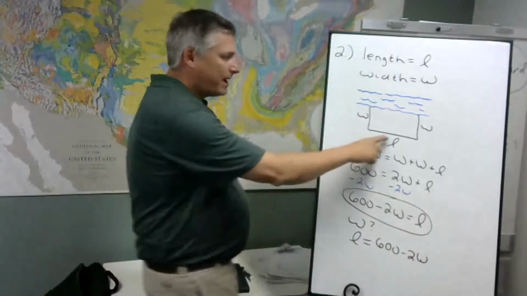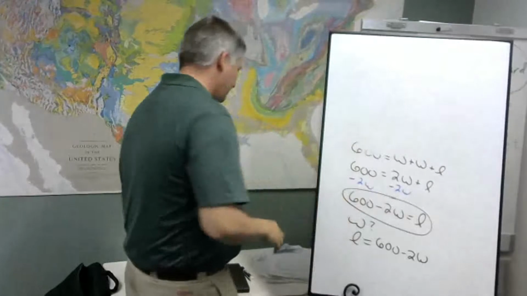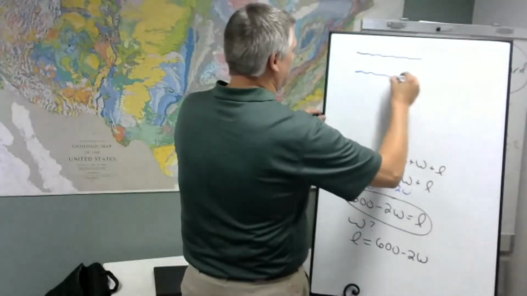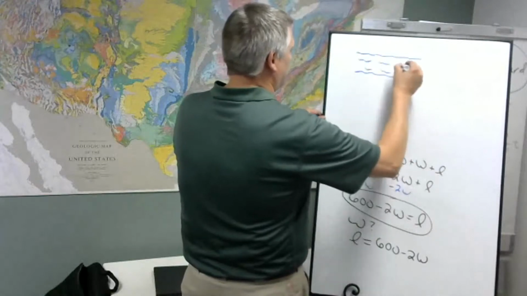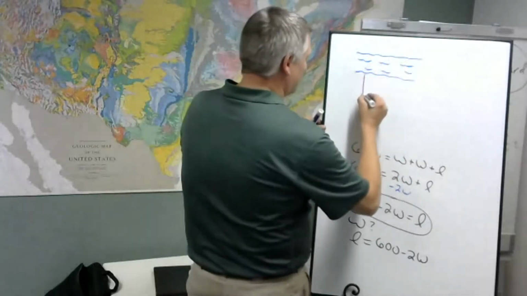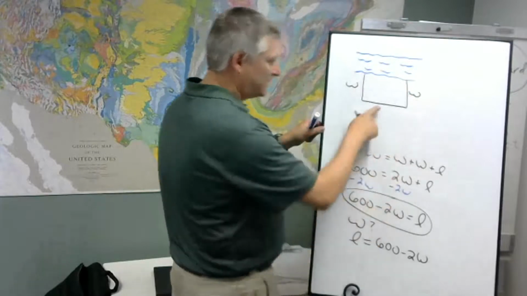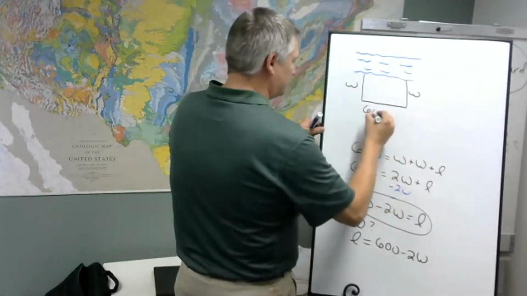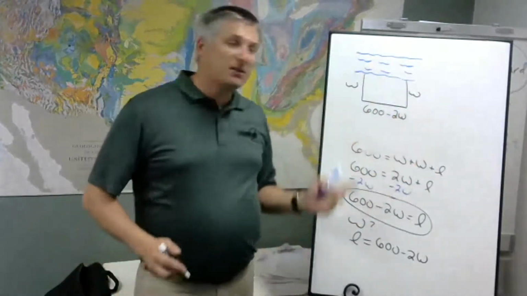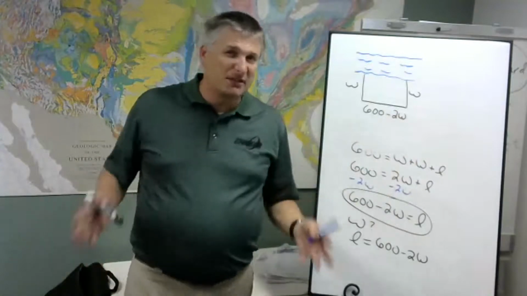So that means when we go back to our picture, everything can be in terms of W. So instead of L, 600 minus 2W, we've done it. Everything's in terms of 1 variable, we don't have 2. And for these types of problems, again, that's a big goal.